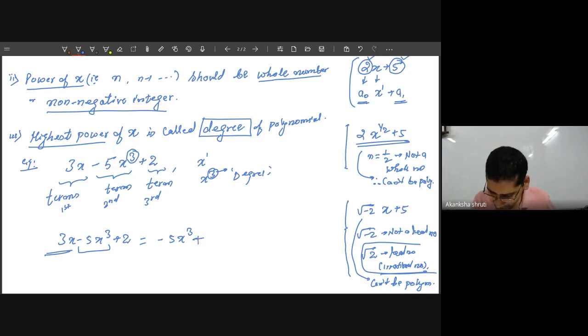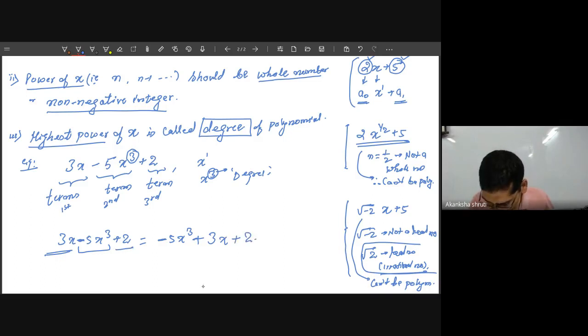Good. Minus was associated with the second term, meaning minus 5. So while shifting this term to the first position, you have to carry this minus. But this minus is not for all the terms, because there is no bracket. Okay, so the second term is 3x. The third term is again plus 2.